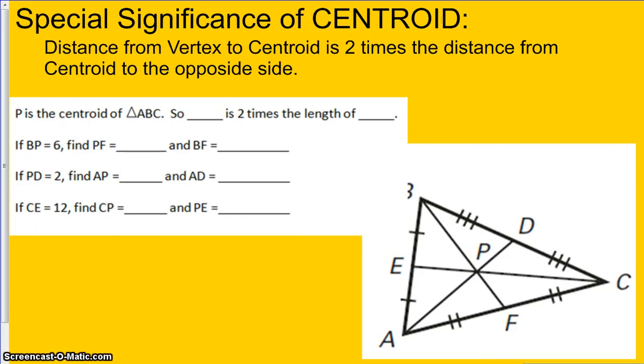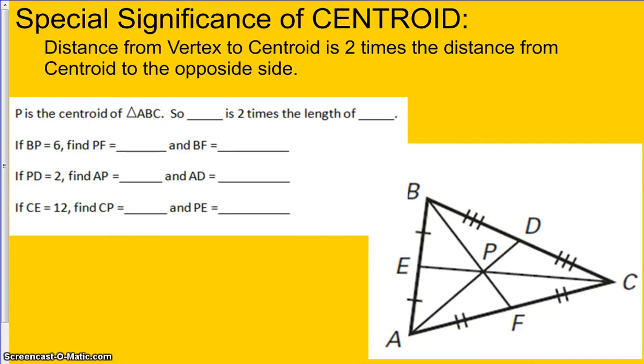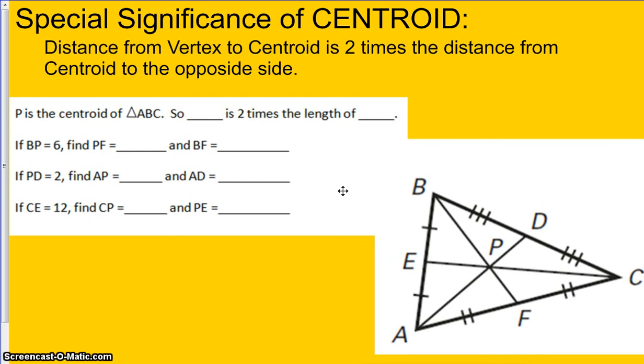Alright, now the special significance about this, now I'm going to move this a little over, there we go. Okay, it says the distance from the vertex to the centroid is 2 times that. So the distance from the vertex to the centroid is going to be 2 times the length of the centroid to the opposite side.